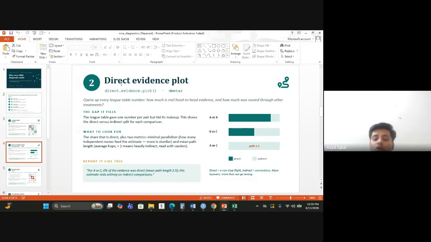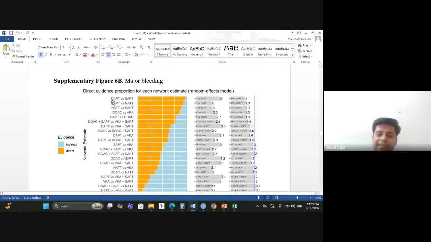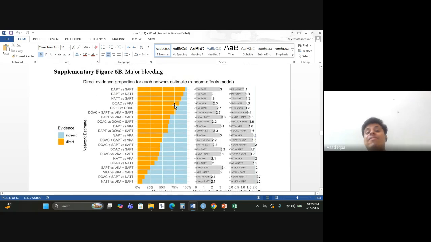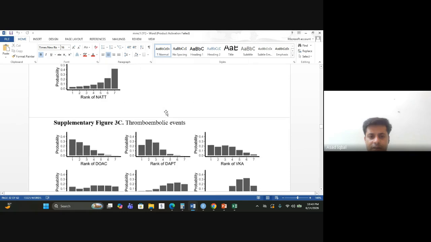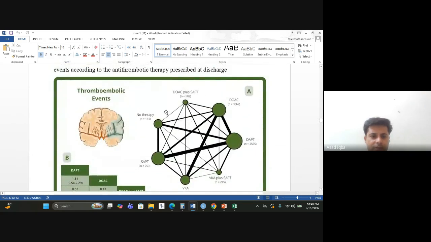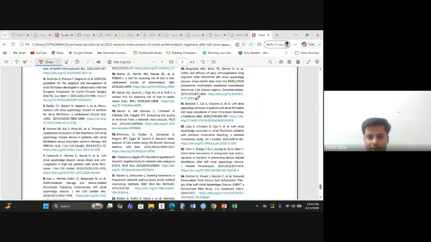This plot shows us, for a specific comparison, let's say dual antiplatelet therapy versus single antiplatelet therapy, how much percent we have direct evidence and how much percent we have indirect evidence. Let me show it to you for major bleeding. Here is the major bleeding, the combined rate. I think it was in the full text.